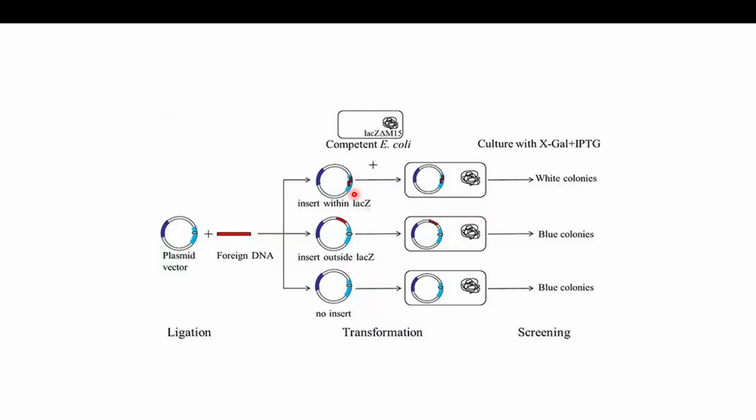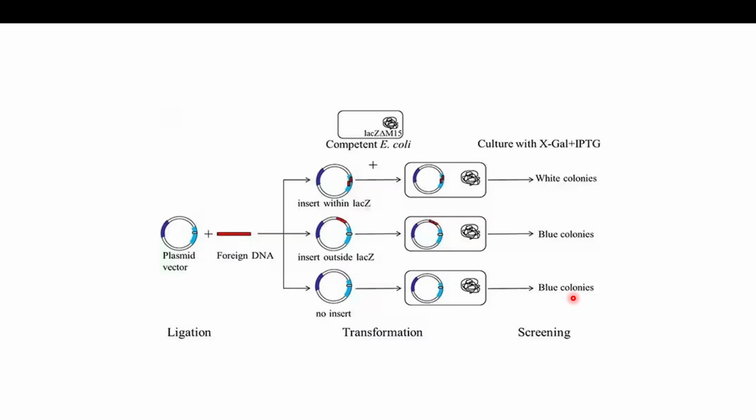Alpha complementation won't be there, so functional beta galactosidase enzyme won't be formed, and it won't be able to act on the X-gal chromogenic substrate. Hence, white colonies will be produced. Okay, this is the screening part, visual screening using a chromogenic substrate X-gal.